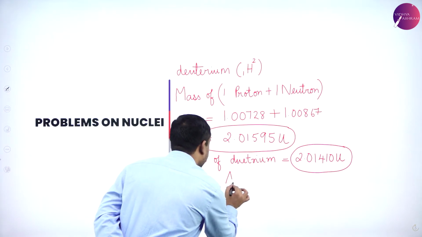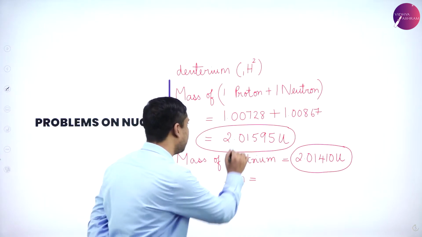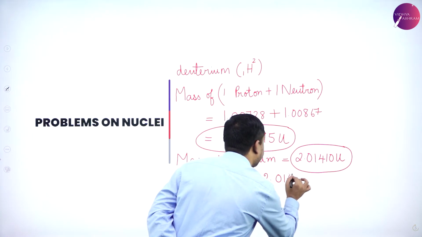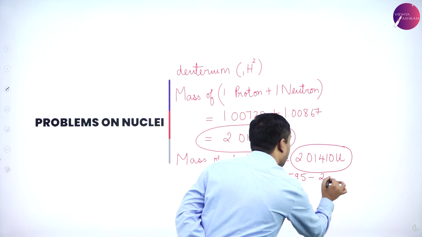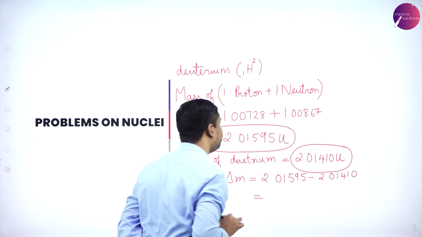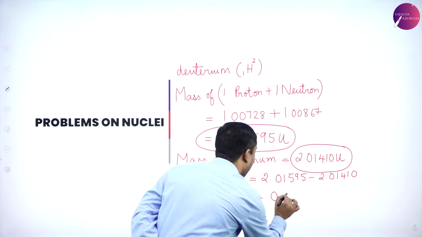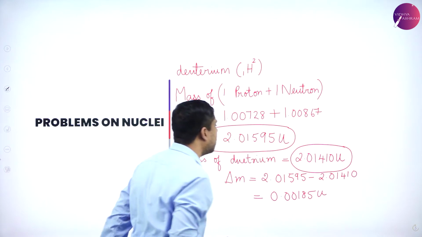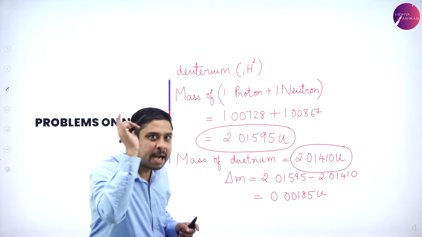Therefore, mass defect delta M is 2.01595 minus 2.01410, which turns out to be 0.00185 units. So these simplifications, see that you take care and perform.